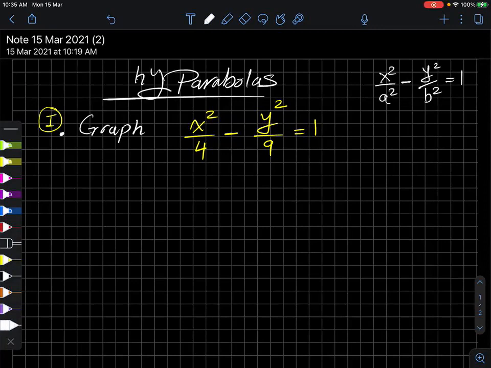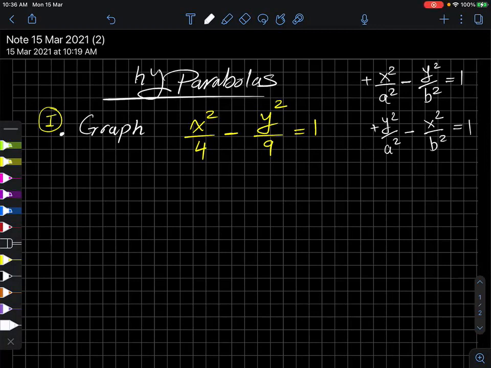So you will find that in the first case, the x squared is positive, and the a squared is always below the positive one. When the x squared is positive, the a squared is the number below it. And when the y squared is positive, you have y squared over a squared minus x squared over b squared is equal to 1. So the a squared is always below the positive one.